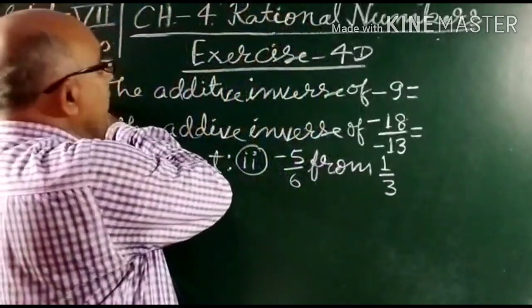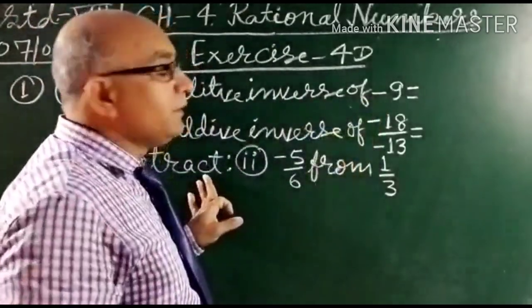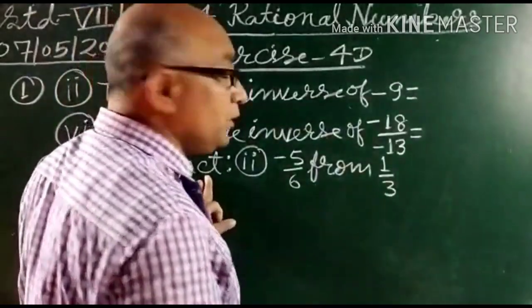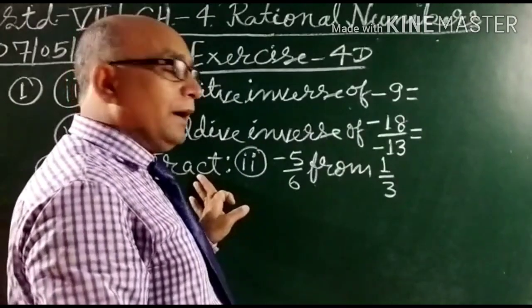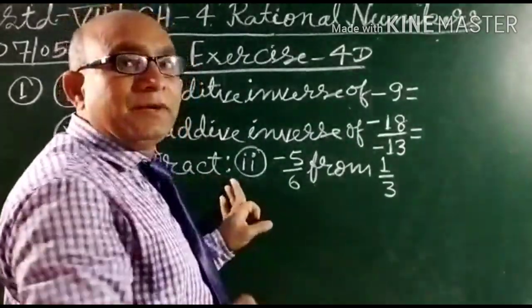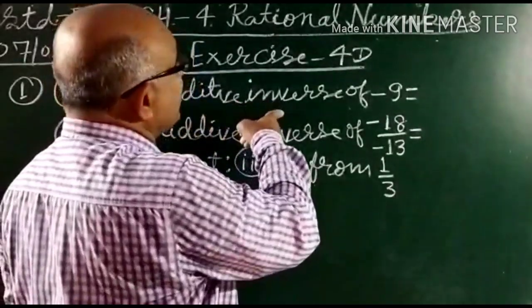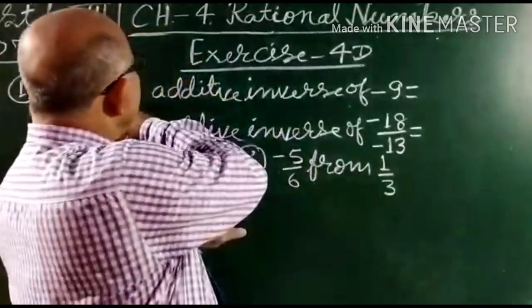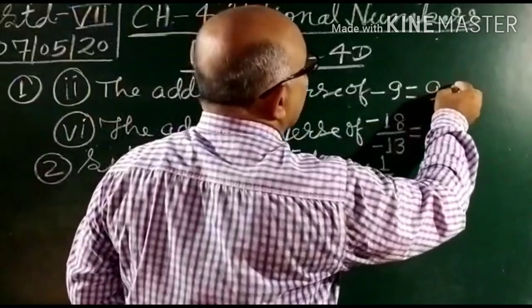Question 1: what is the additive inverse of minus 9? We know that the additive inverse of a/b equals minus a/b, the additive inverse of a equals minus a, and the additive inverse of minus a equals a. Similarly, the additive inverse of minus 9 equals 9.